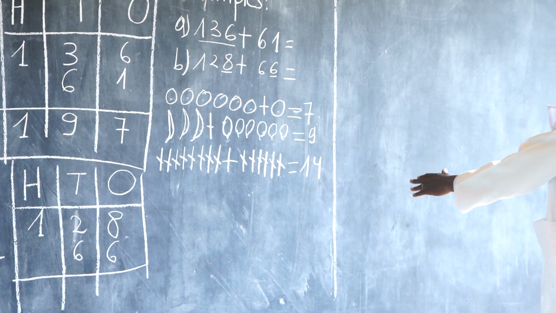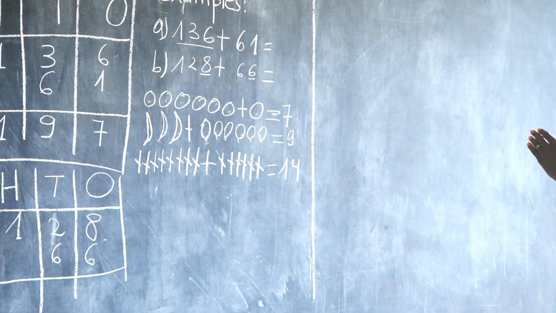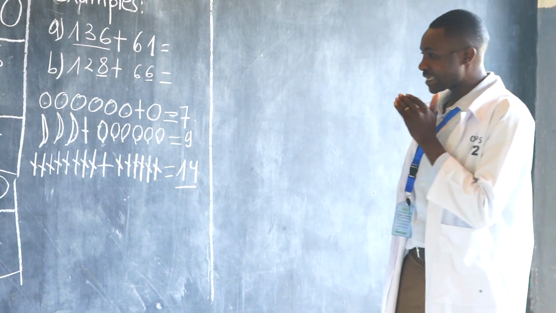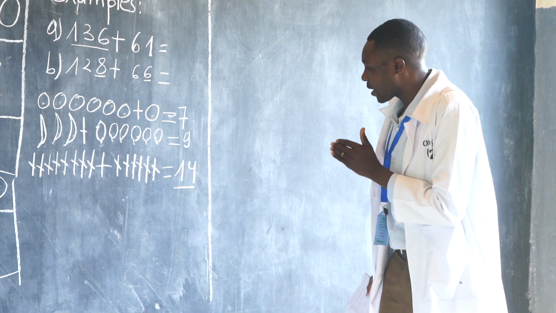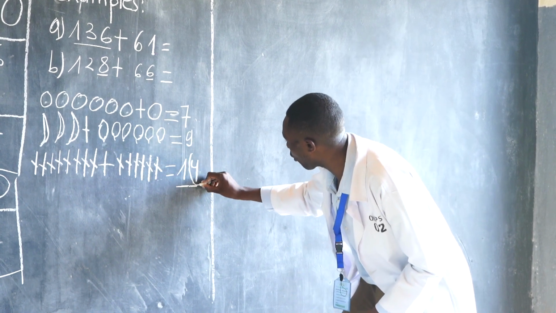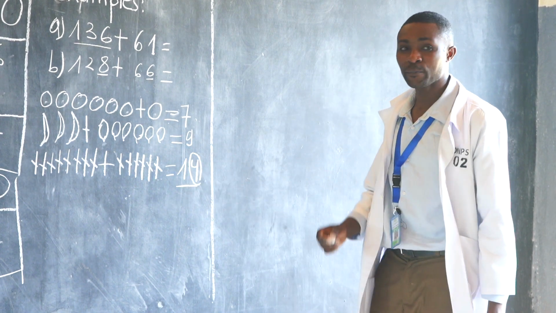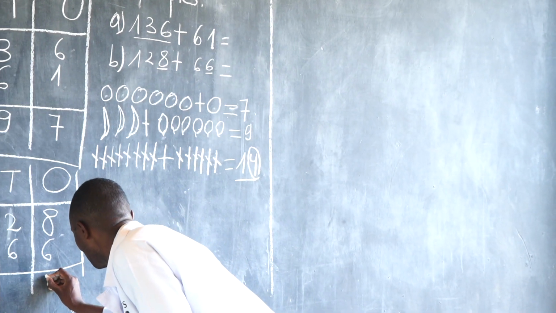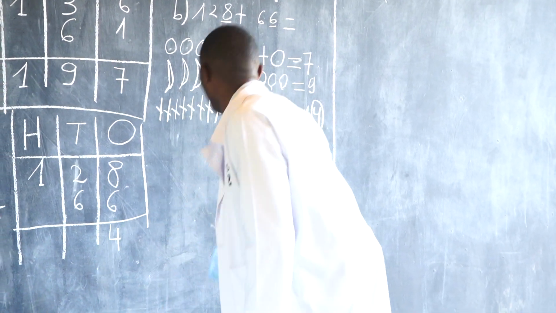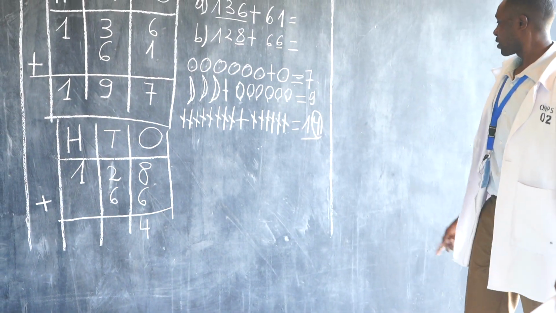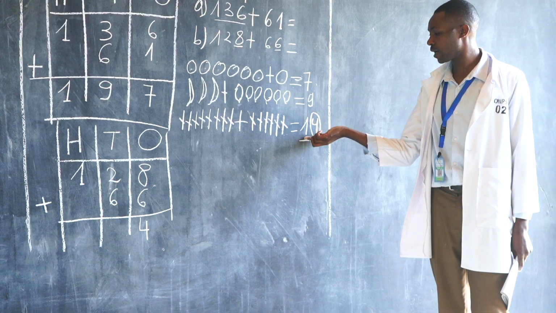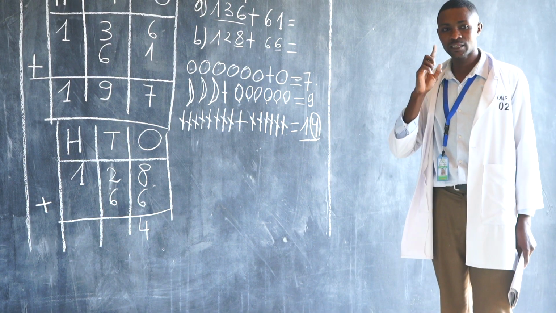As we see that we have two numbers. Now we already see that the first number here, this 4, represent what? Ones. Now it means you are going to put here 4. Now after that we have 1 here. As we see in this number, this one represents tens.